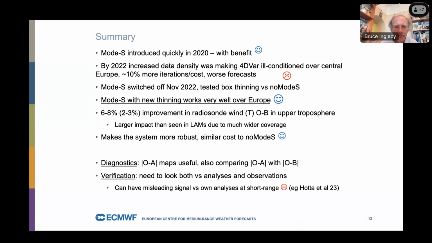I think many of you will know this, but you can have a misleading signal against own analysis at short range, and there's a paper by Hotta et al. about this last year.